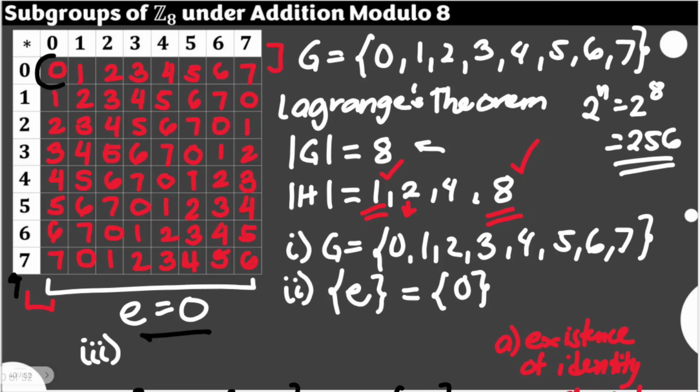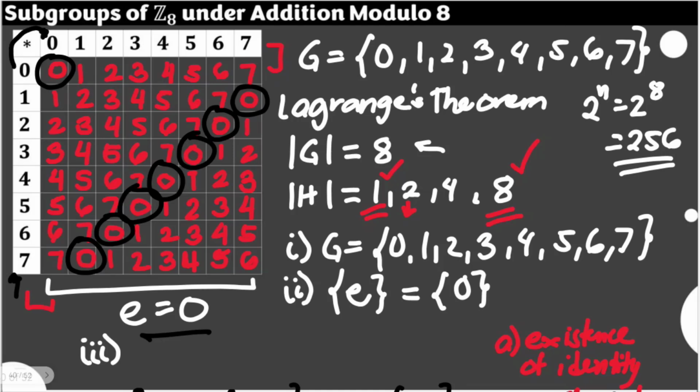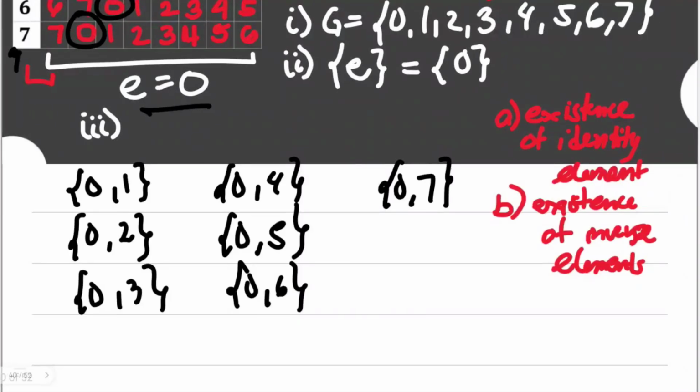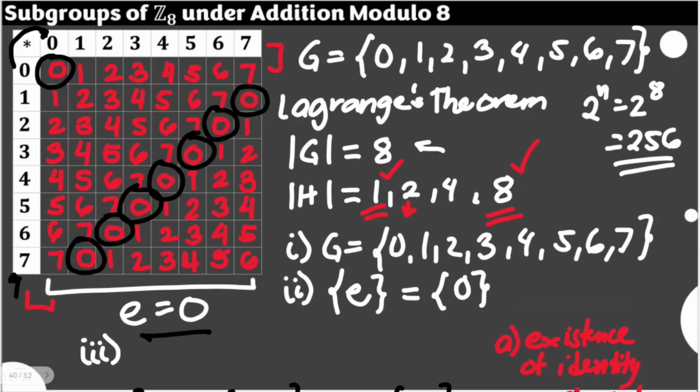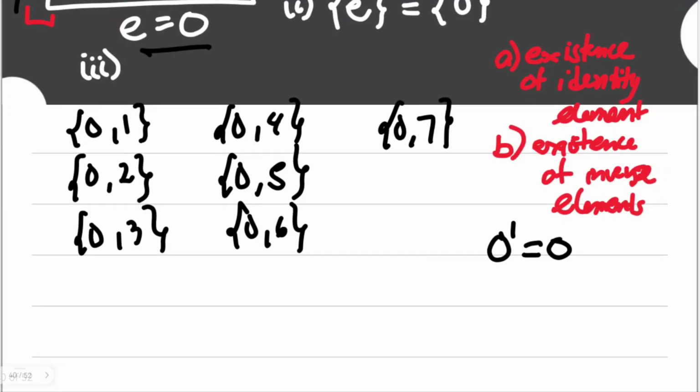So for the grids containing 0, this will tell us the inverses of every corresponding element. Here, 0 star 0 is equal to 0. That would mean that the inverse of 0 is just 0. Now 1 star 7 results in 0, hence the inverse of 1 is 7.